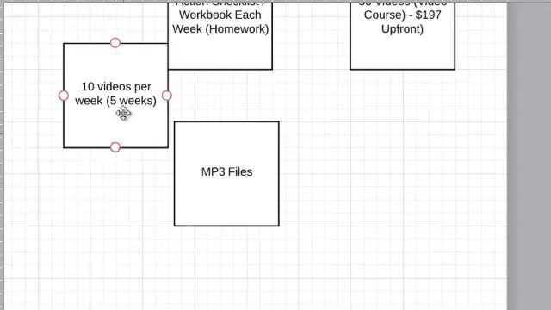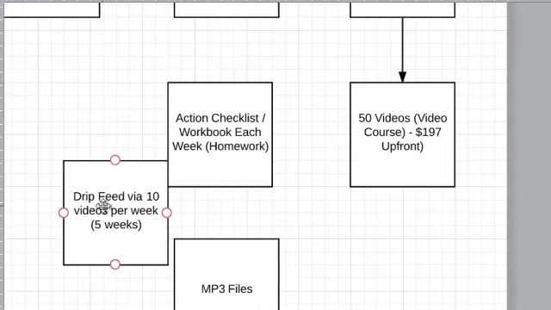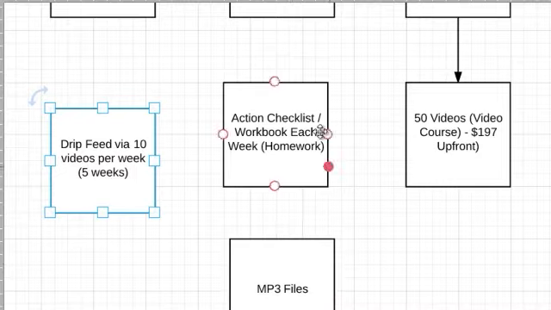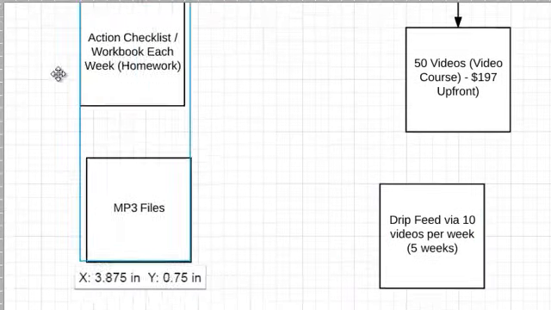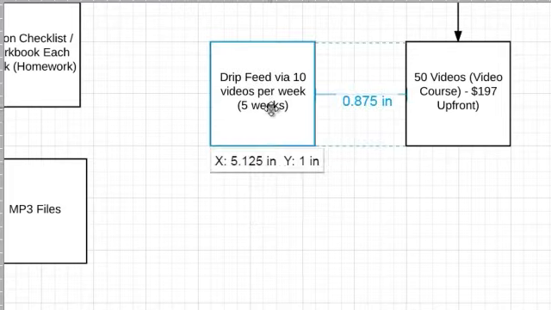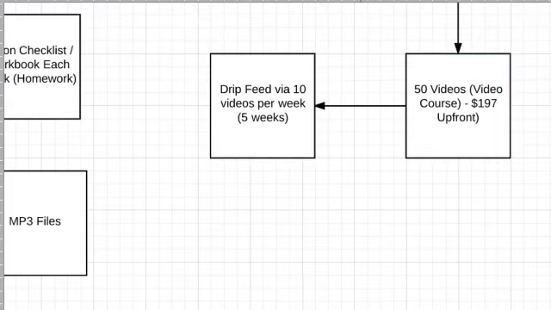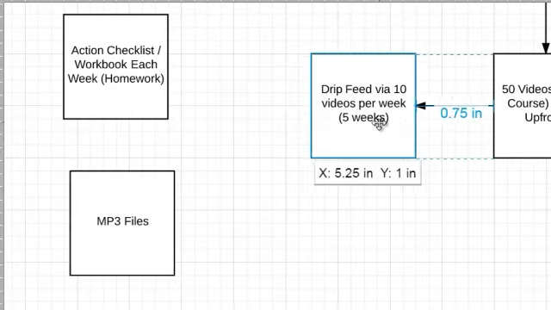I don't need this, I can consolidate it into here. I'm actually going to move this over here, like that. There we go. So we're going to drip feed it via 10 videos per week.